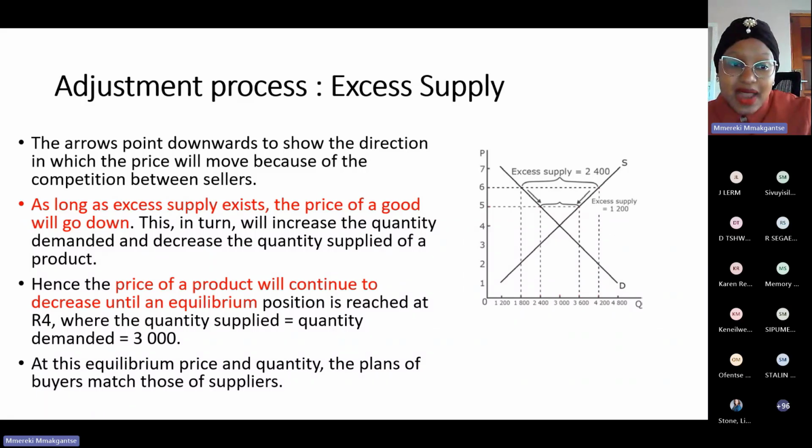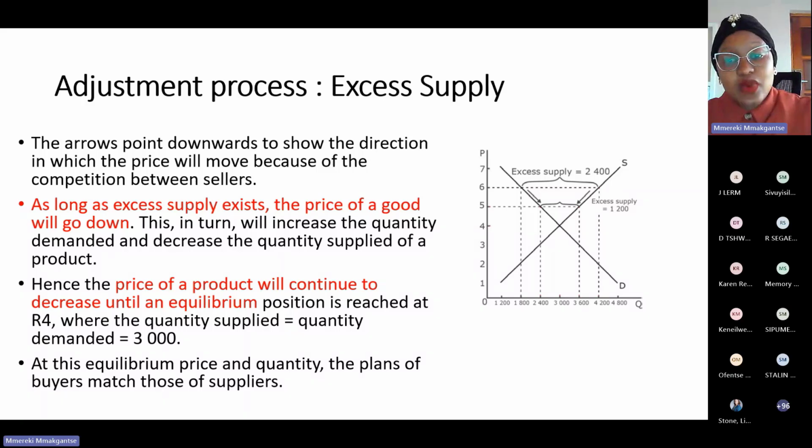It is excess supply. I highlighted it in red for you to always remember: as long as excess supply exists, the price of goods will go down, down, down.